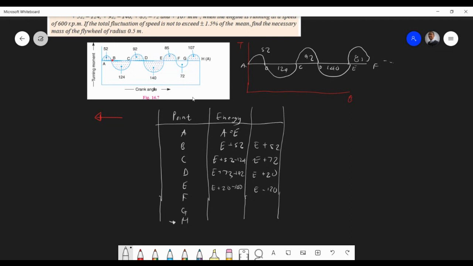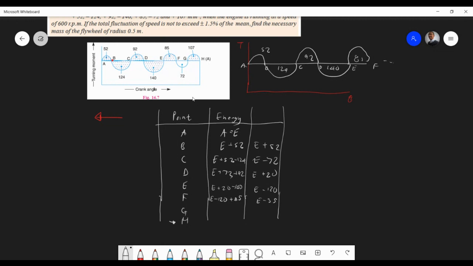So at F. Yes, C is minus 72, not positive. Yes, thank you very much. Sorry, it's a slip. So it's E minus 120 at E. At F, it's plus 85, and that's E minus 35.